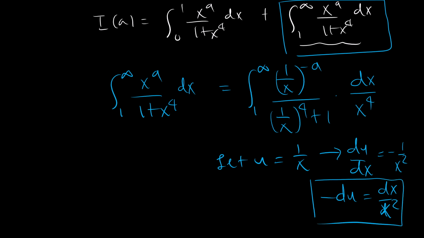So let's just delete that and have it written properly. And we see when x is 1, u is going to be 1. When x tends to infinity, u is going to tend to 0.